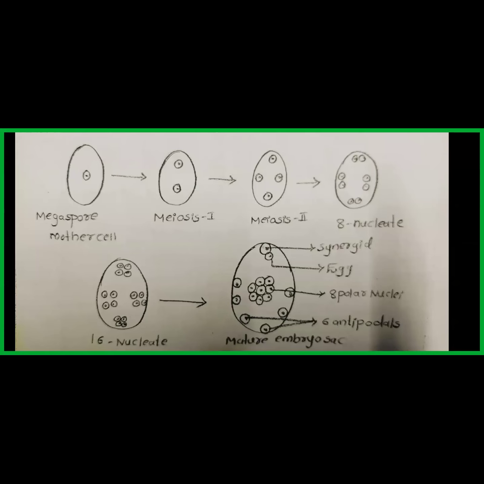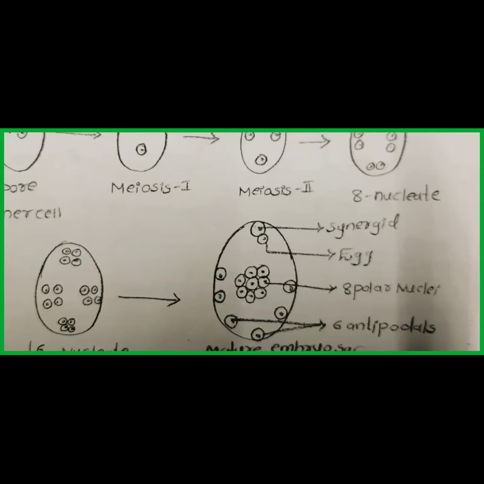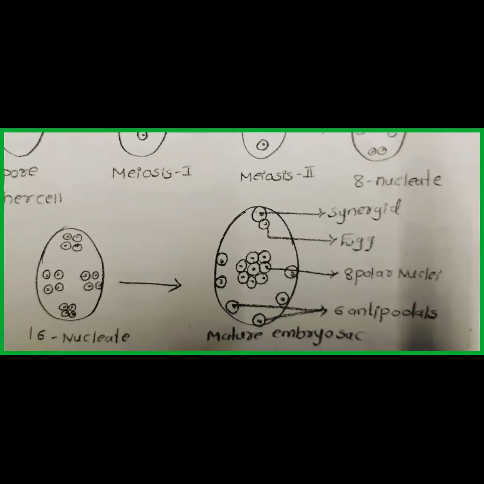In the mature embryo sac, on the upper side there is the synergid and egg apparatus. Out of the 16 nuclei, 8 polar nuclei are present at the center. From each of the 4 groups, 2 nuclei come to the center, that is 8 polar nuclei.